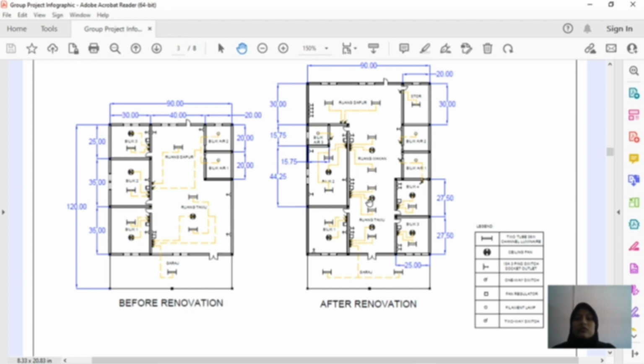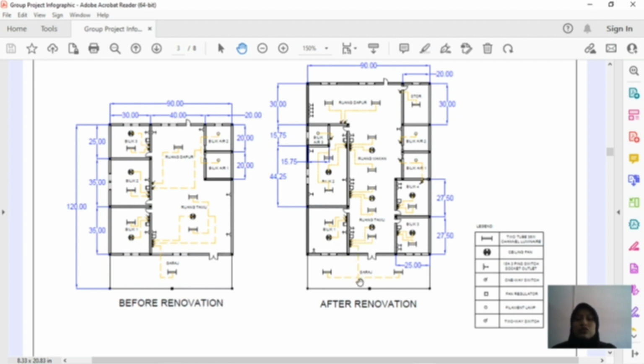So we go to ruang tamu. In ruang tamu, we have 3 units of 2 tube 38 channel luminaire and 2 units of ceiling fan. For socket outlets, we have 4 in ruang tamu.